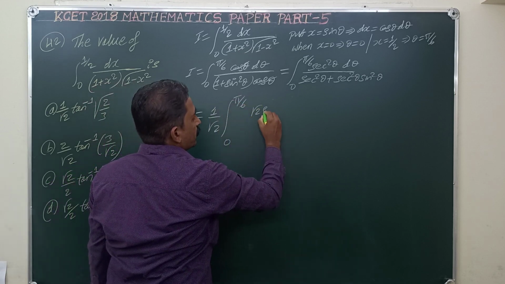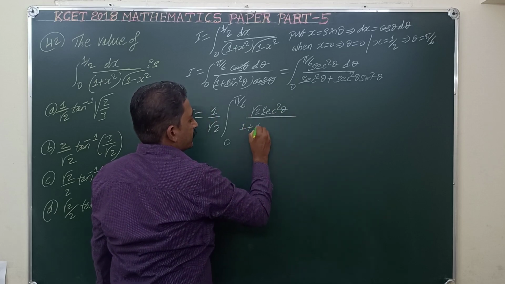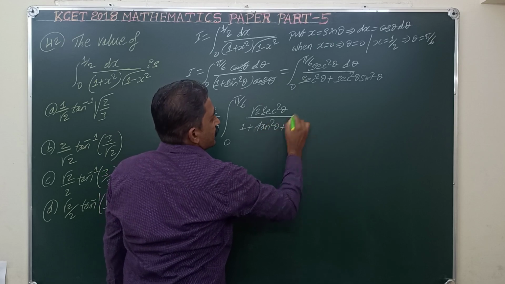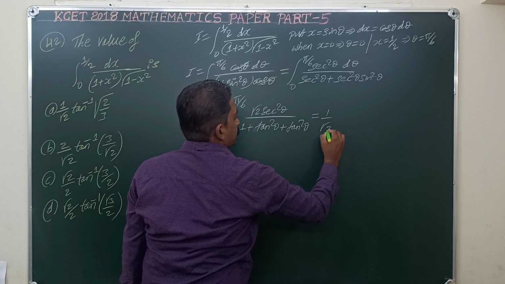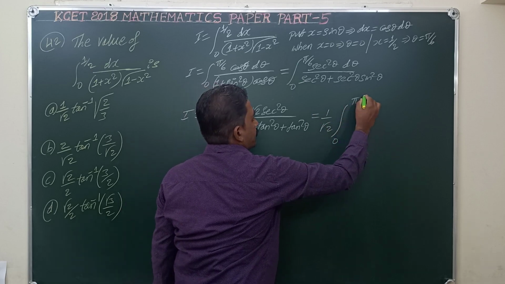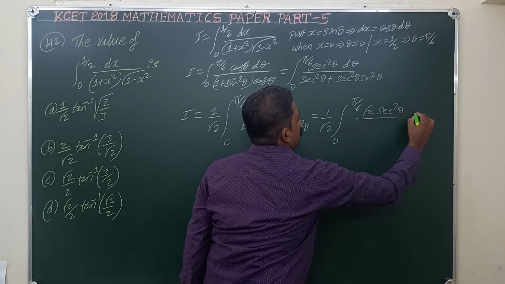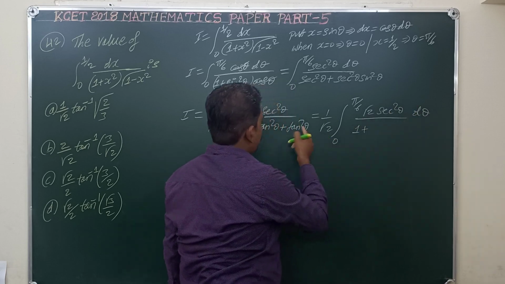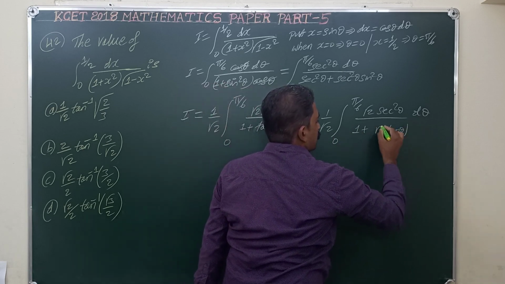So the integral from 0 to pi by 6 of root 2 secant square theta d theta divided by 1 plus 2 tan square theta, which can be written as 1 plus (root 2 tan theta) whole square.